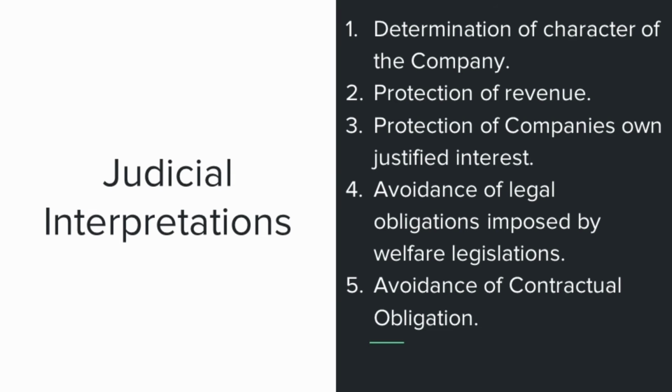In order to split up the profits into two hands and thereby reduce its liability to pay bonus to the workers, the company created another company as its subsidiary and transferred some of its investments and securities to the new company. So the company didn't want to give bonus. They created another company and transferred the profits of this company to that company, thereby avoiding the legal obligations.